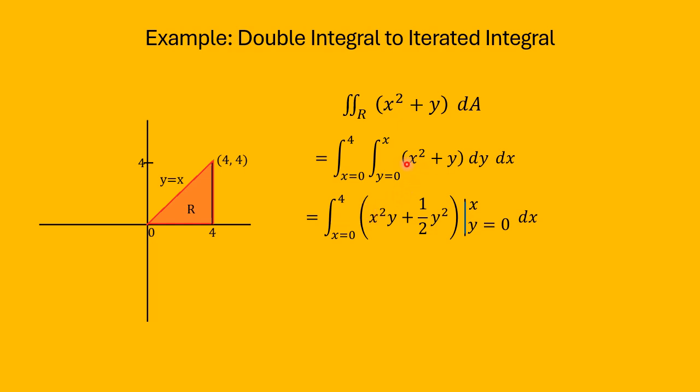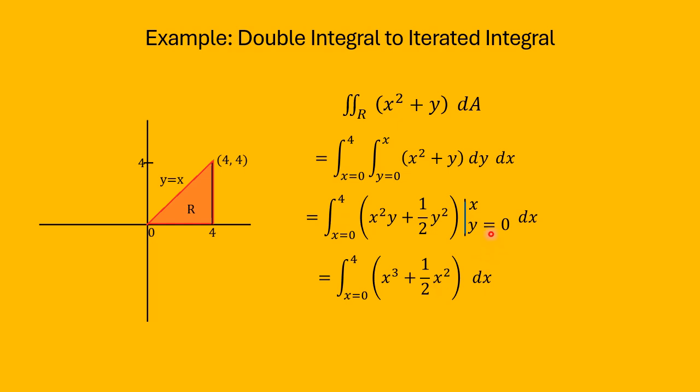The antiderivative of y dy is 1/2 y squared. And then we're going to evaluate this by substituting in y equals 0, also y equals x, and subtracting. When we do that, this part simplifies to just x cubed plus 1/2 x squared.